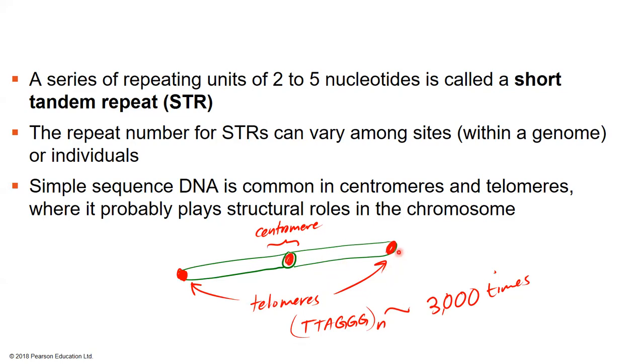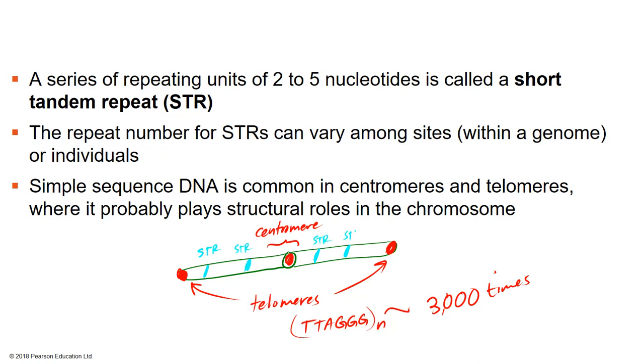The telomeres are found at both ends of the chromosome, but other simple DNA sequences or other types of repeats might be found also on the centromere. And short tandem repeats might be found at different locations within the chromosome. So this is STR, this is STR, and STR.